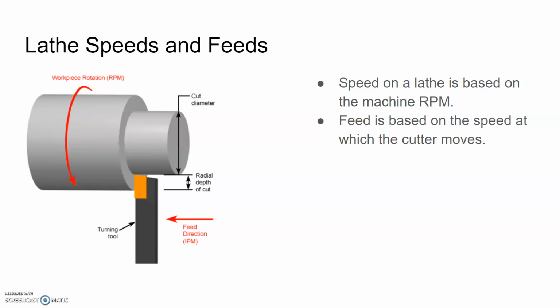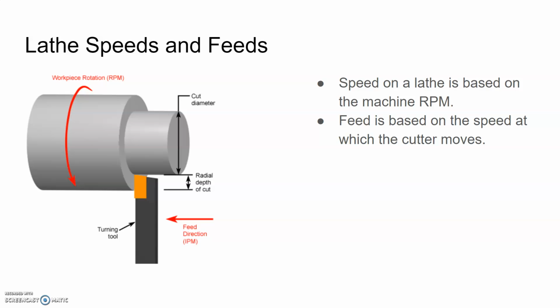Speeds and feeds. We talked a little about this with a milling machine, but speeds and feeds on a lathe are almost identical. The formulas are the same. The only difference is the RPM on the milling machine is how fast the cutter rotates. On a lathe, it's how fast the workpiece rotates.